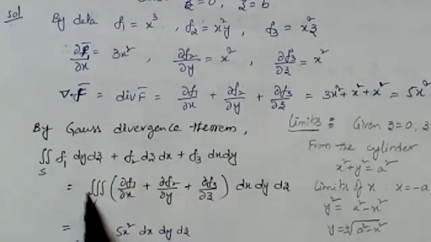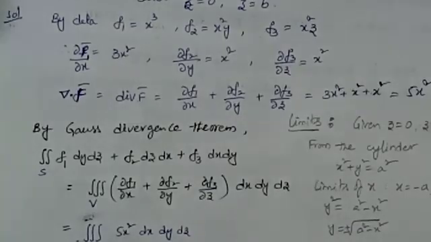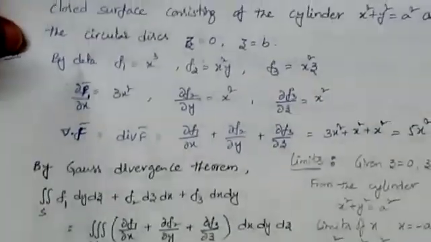So this is the formula. If you find this volume integral, you will get the answer. For this, you first need to find dou f1 by dou x plus dou f2 by dou y and dou f3 by dou z, for which we have f1, f2, f3 from the data.